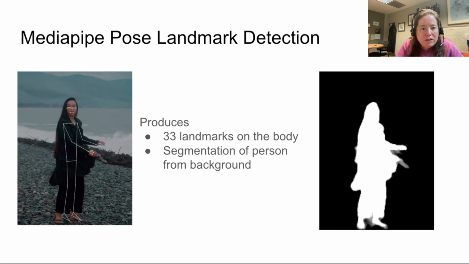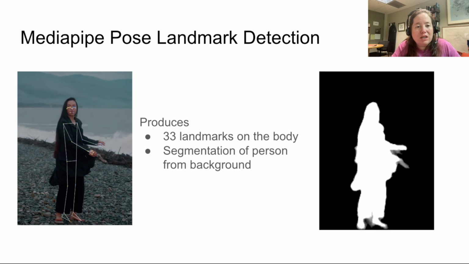But it does build a skeleton, much like the hand skeleton we looked at earlier. It builds a skeleton of your body parts: your shoulders, your hips, your feet, your knees, your elbows, your hands. Not as detailed as the hand detector, but also very useful. Another thing that it also produces is a segmentation that shows what in the image it thinks is part of the person.